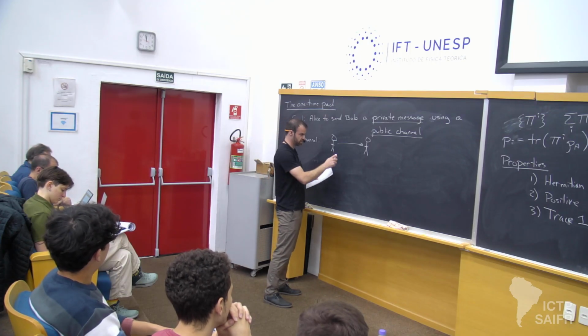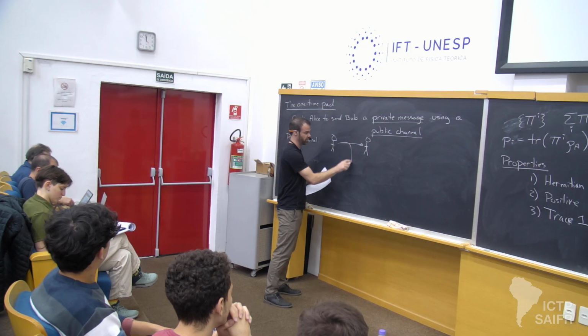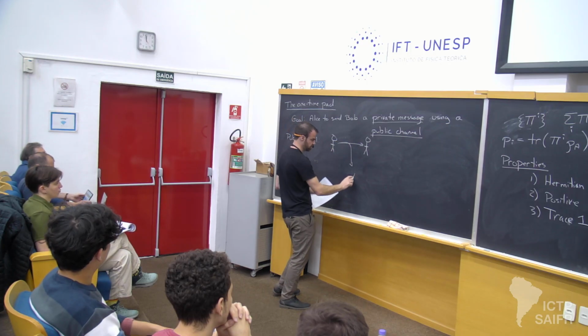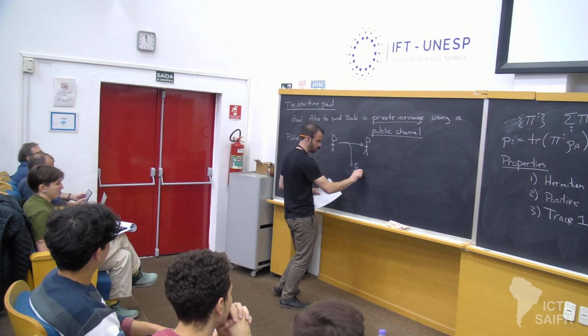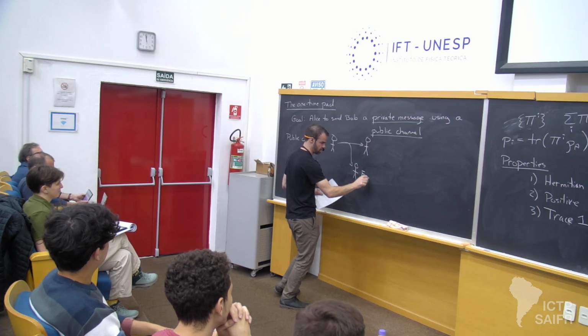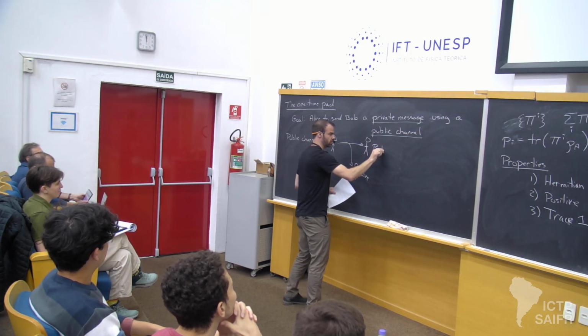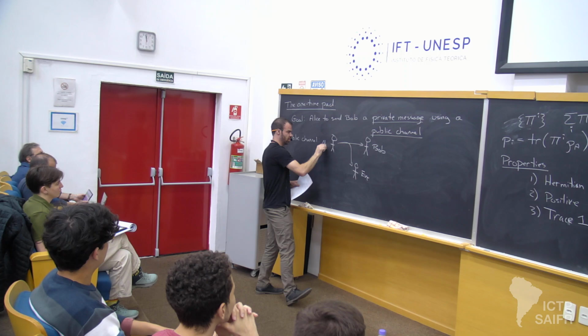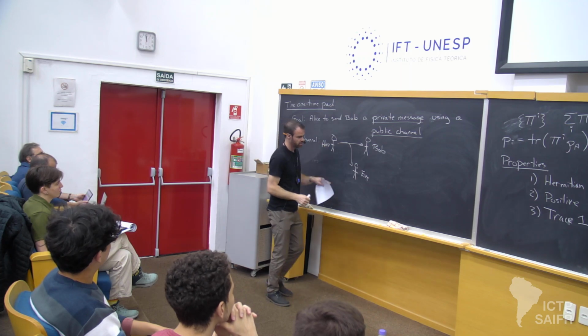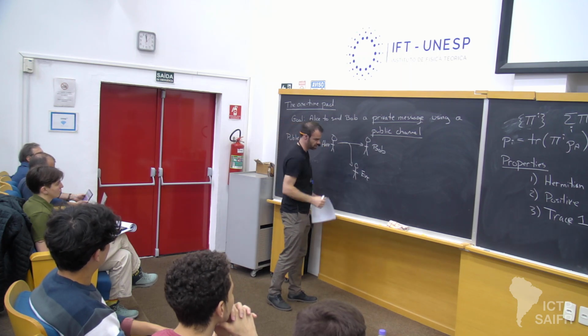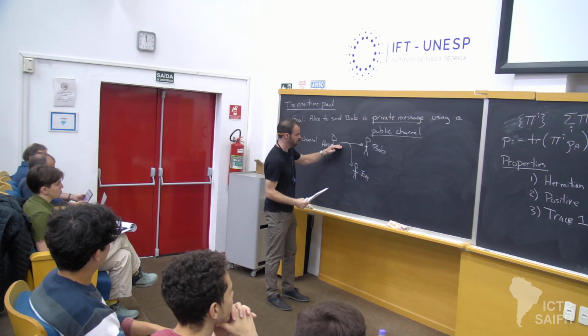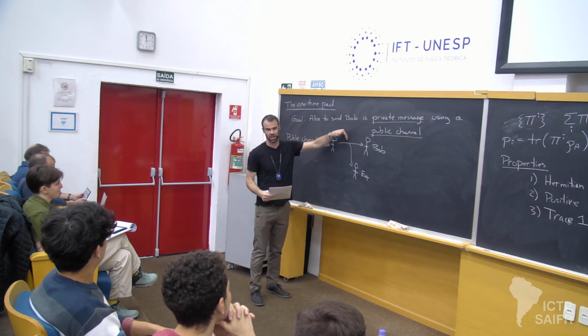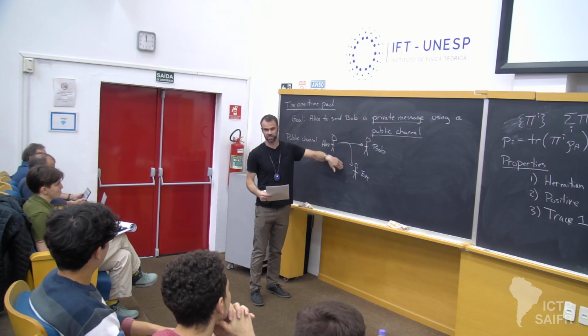But there's a catch here in that we're going to allow some third party, call them Eve. There's Alice, there's Bob, and there's some third party who's malicious in some way, who could intercept this message and steal it and keep it for themselves.